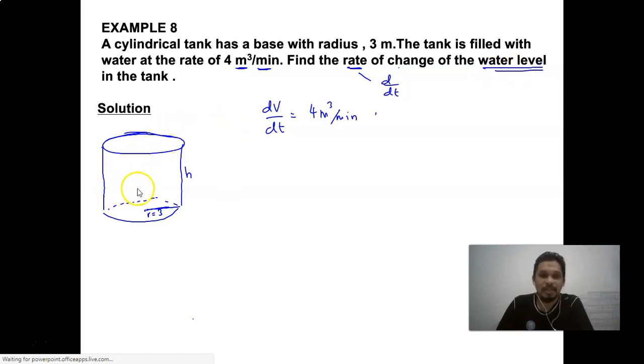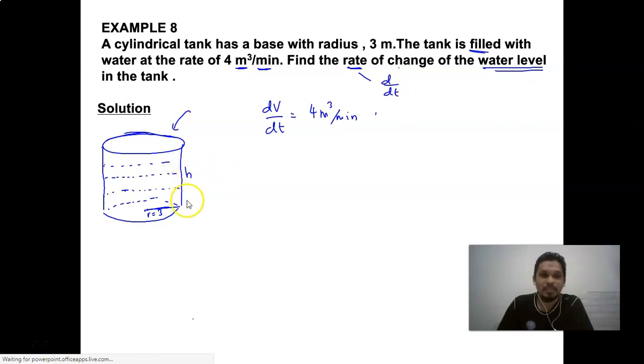So at one time, this is the water level. Filled means that from the empty tank we fill up water inside, and at one time this is the water level, and after a few times we find that this is the water level, and so on.